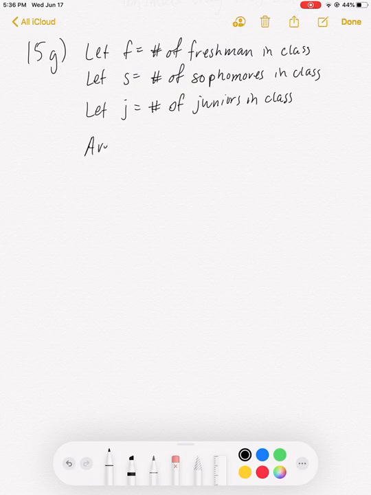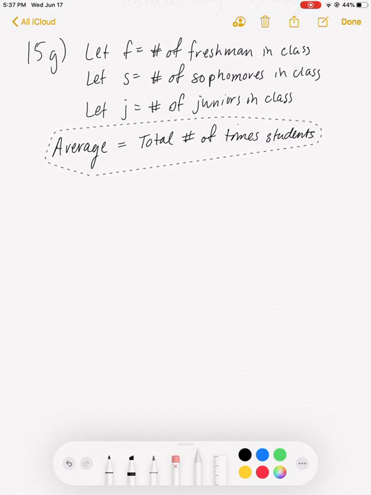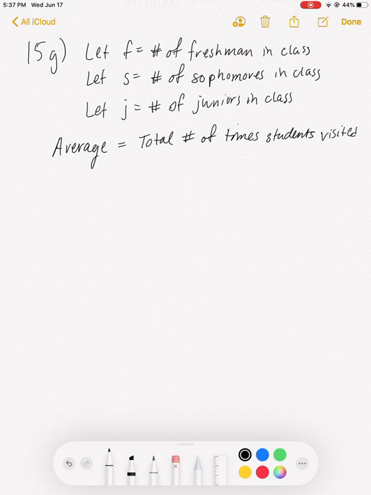So the average of each student is equal to the total number of times students visited, divided by the total number of students.